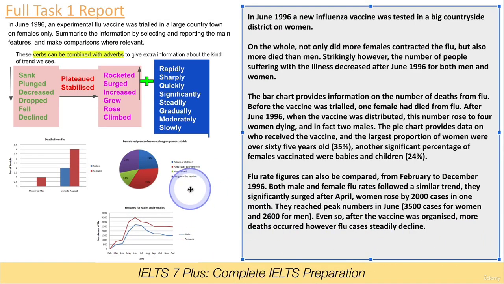Women rose by 2,000 cases in, we can say, just 1 month. They reached peak numbers in June. 3,500 cases for women and 2,600 for men. Even so, after the vaccine was organised, more deaths occurred. However, flu cases steadily declined for both men and women.